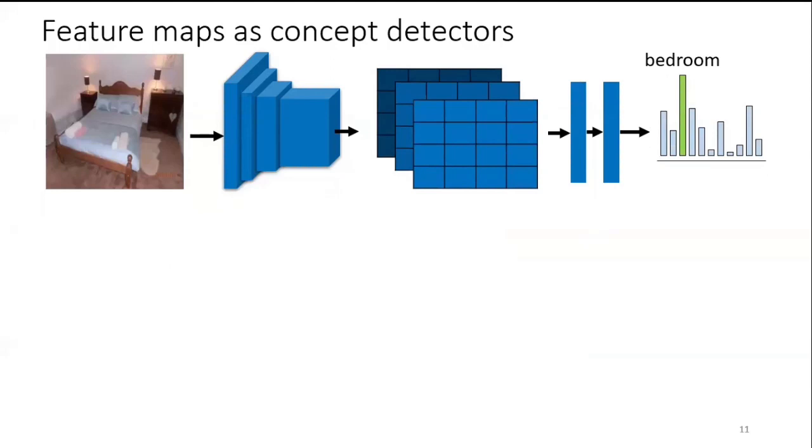Feature maps are known to act as concept detectors. For example, suppose there is a feature map which detects a lamp in a given image and maybe assists the network in recognizing the scene as that of a bedroom. Intuitively, if lamps were of any significance to bedrooms, erasing them would cause a drop in the class score.